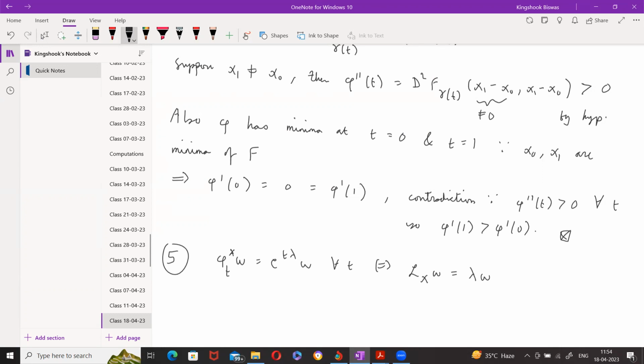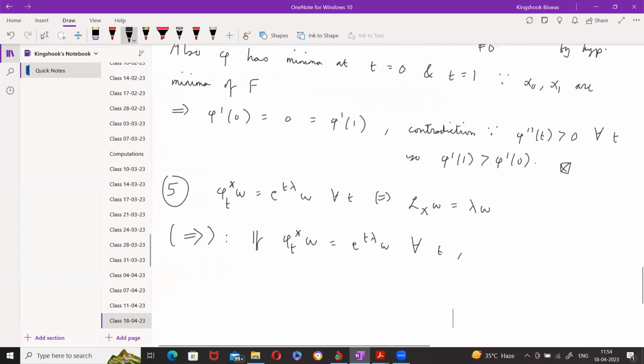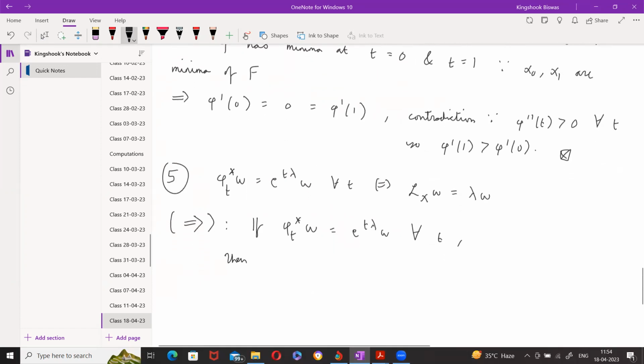So the forward implication is easy, right? If phi t star omega is equal to e to the t lambda omega for all t, then Lx omega, this is d/dt at t equal to 0 of phi t star omega, which is d/dt at t equal to 0 of e to the t lambda omega, and that is just lambda omega.